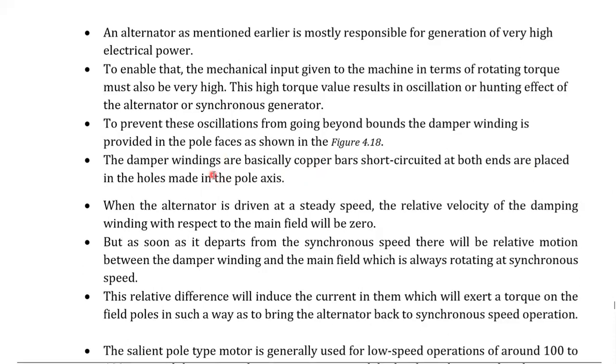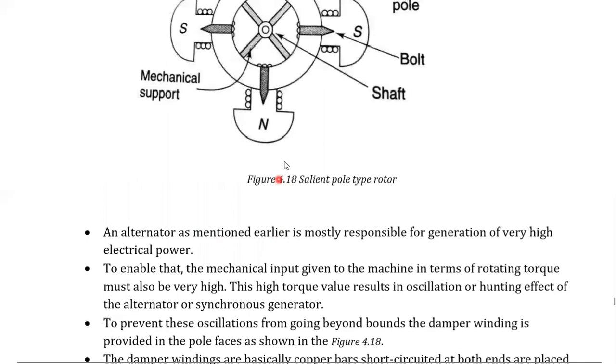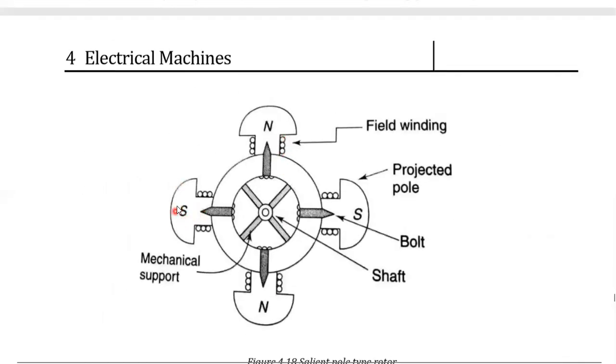So the damper winding is placed by making holes or slots and short circuited with the end rings, which means it acts as a squirrel cage rotor.